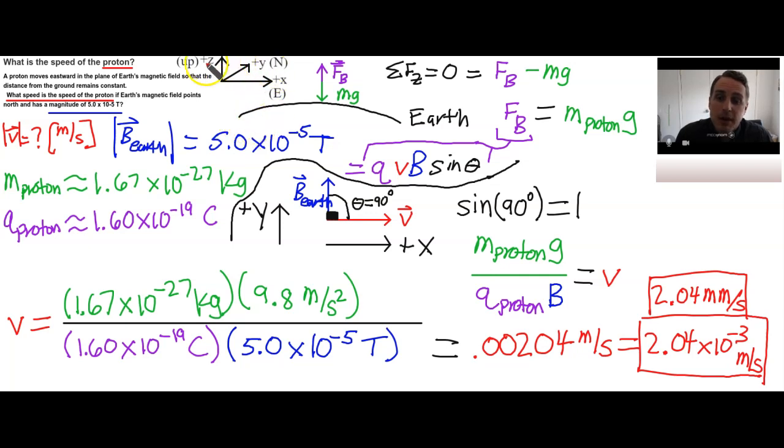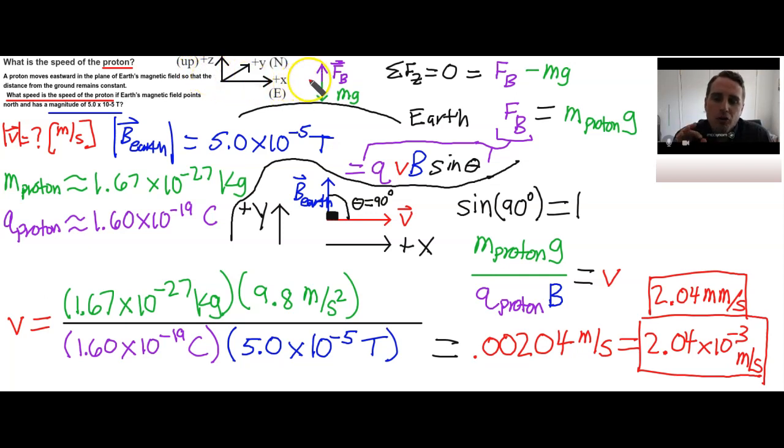So this is how we depict it three-dimensionally. East is the direction of the proton movement, north is the direction of the Earth's magnetic field, and upward is the direction of some forces, which we'll call the positive z direction, because x pushed into y, by the right hand rule, gives the direction of the positive z axis.